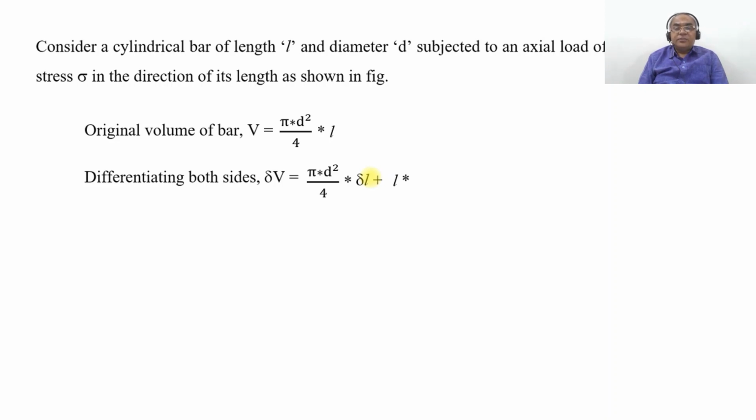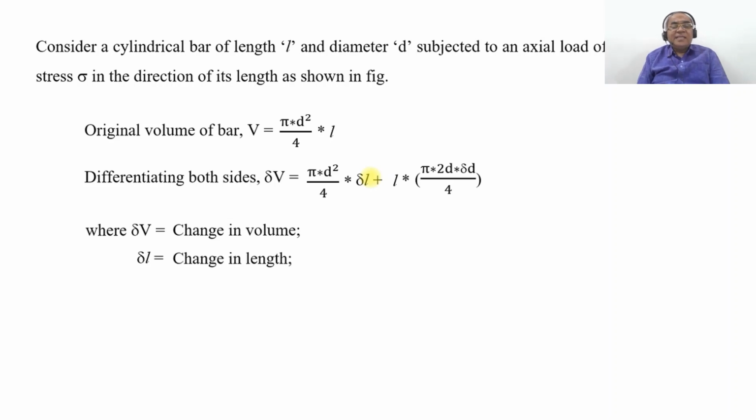Pi by 4 is a constant, so you take pi by 4 into 2d into delta d. So you will get delta V, which is the change in volume, and delta L is the change in length.